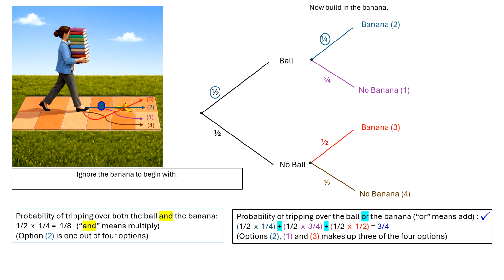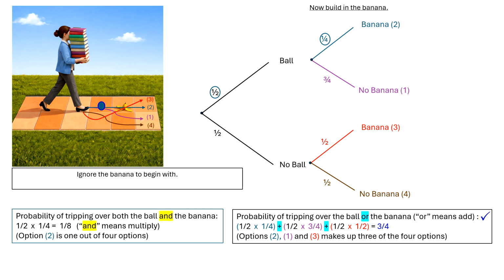And if we add up all these possible combinations, so the combination of the ball and the banana, the ball and not the banana, or no ball then banana, we get 1 in 2 times 1 in 4, plus 1 in 2 times 3 in 4, plus 1 in 2 times 1 in 2. And this gives us a total of 3 in 4. And notice that they're all highlighted in this greeny blue color, because when you see "or" in probability, this usually means adding.